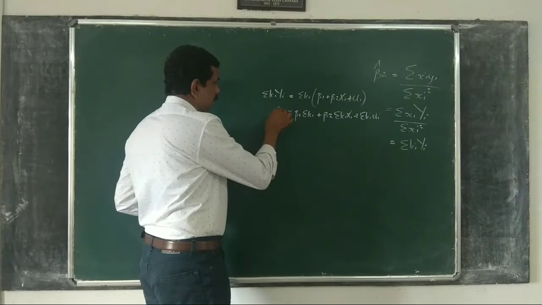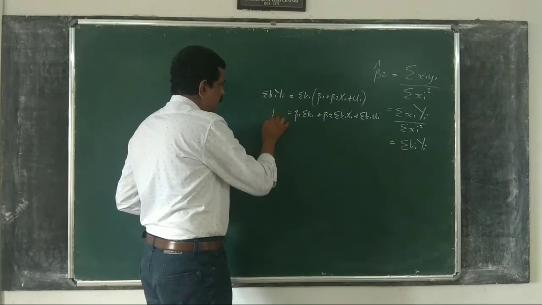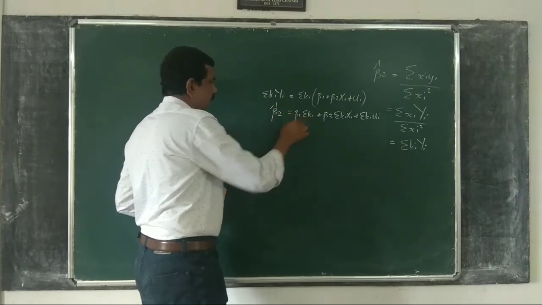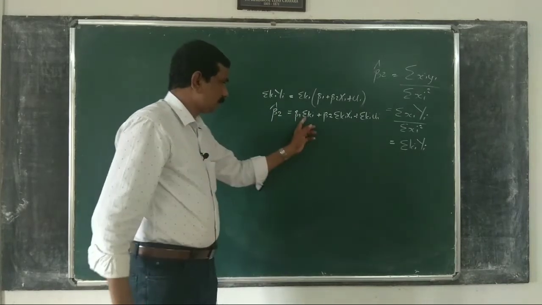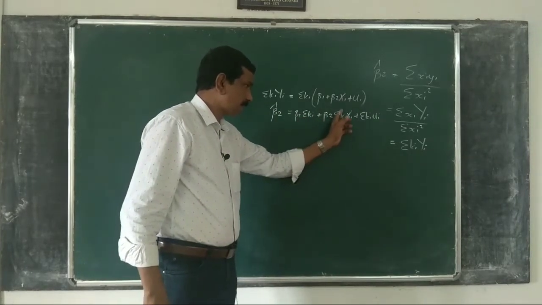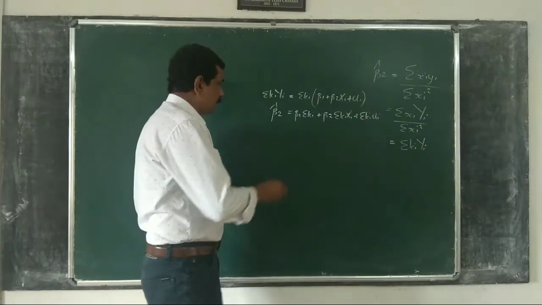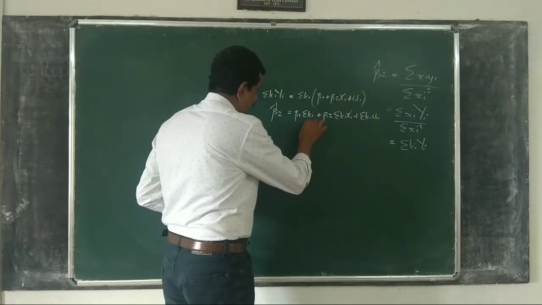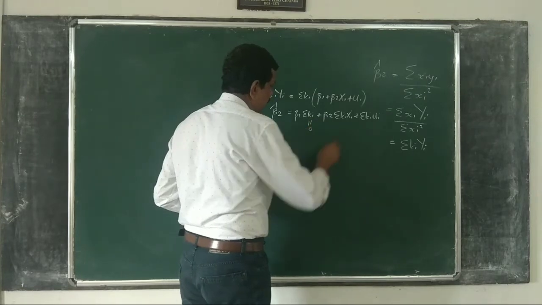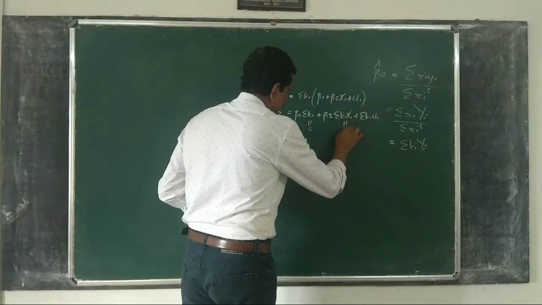That is, beta 2 hat is equal to beta 1 sigma ki plus beta 2 sigma ki capital Xi plus sigma ki ui. And as we have derived already, sigma ki is 0, this is equal to 1.